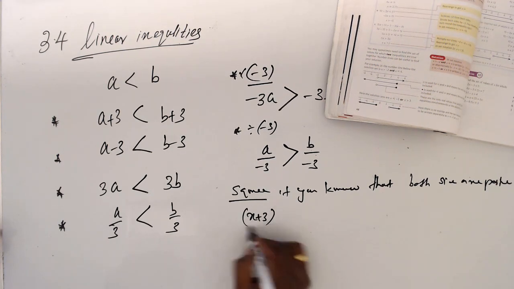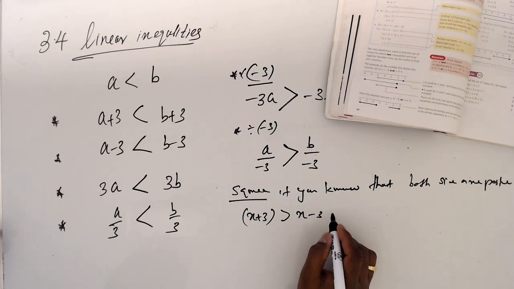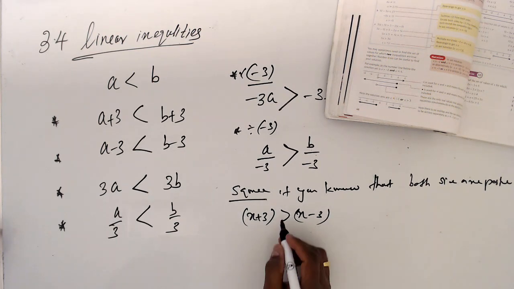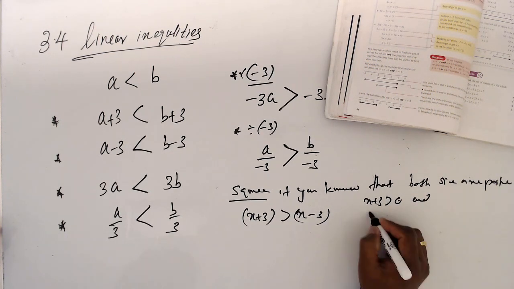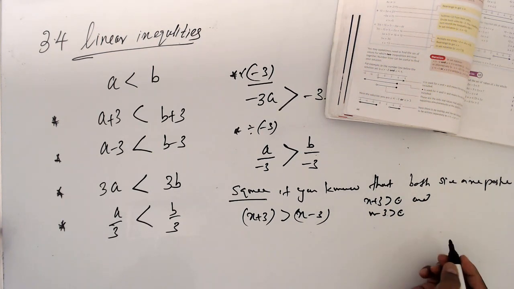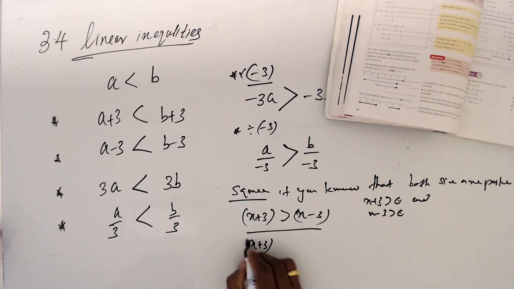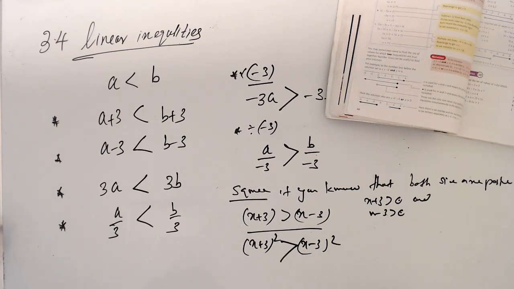I have x plus 3 greater than x minus 3, and I will say that x plus 3 is greater than 0 and x minus 3 is greater than 0. Yes, then I can square both sides like this: (x plus 3) squared, (x minus 3) squared, still the sign is the same.